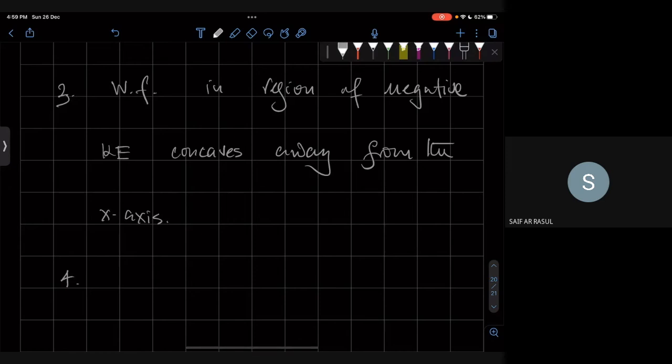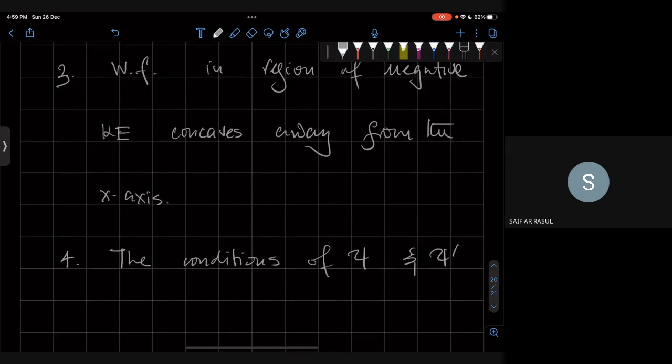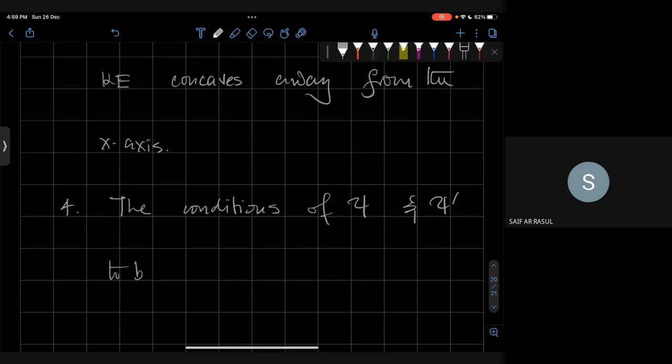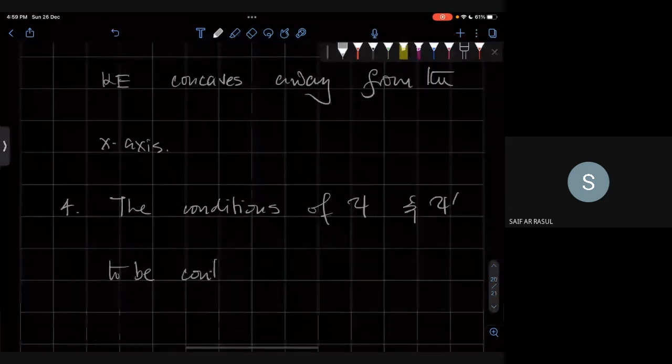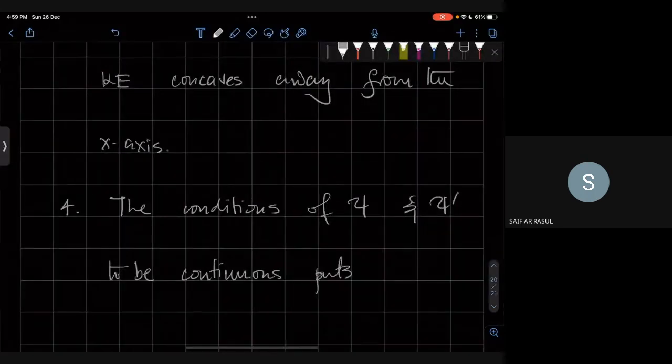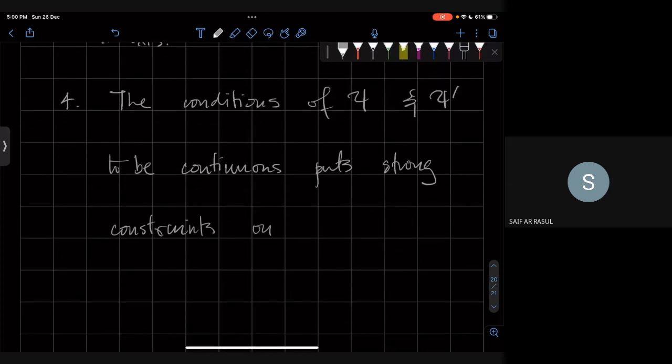Number 4 is that the conditions of psi and psi prime to be continuous puts strong constraints on the solutions.